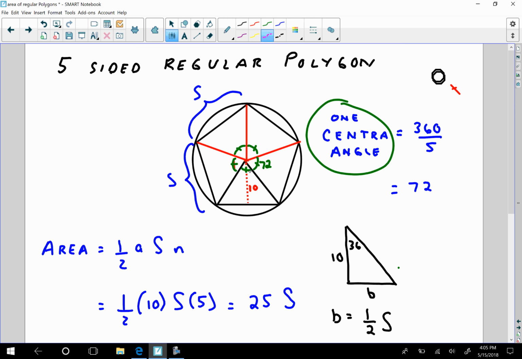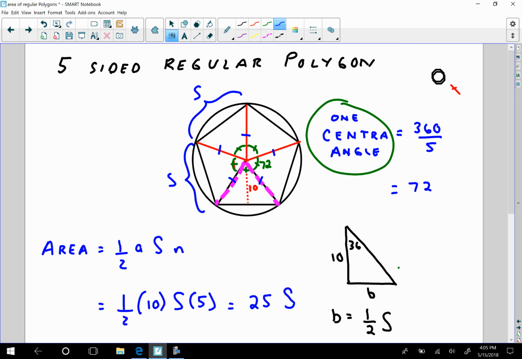I know this central angle is 72, but it is isosceles, and we know that these sides are all congruent because these are all radii of the circumscribed circle. Then I'm going to recall the property of an isosceles triangle, that this altitude, which we're going to call the apothem, is also an angle bisector.